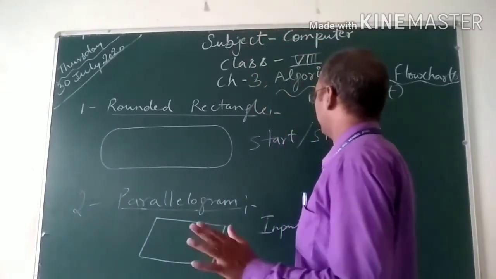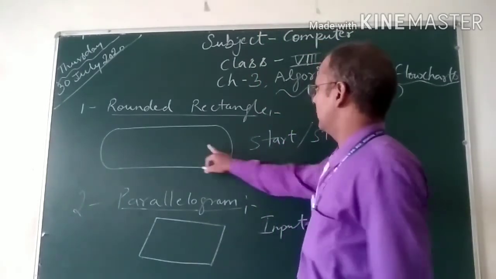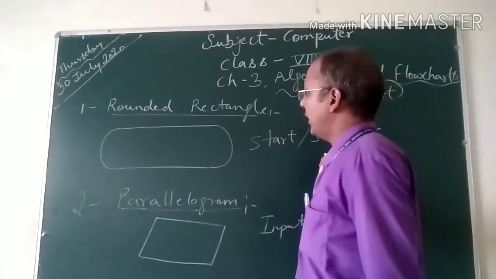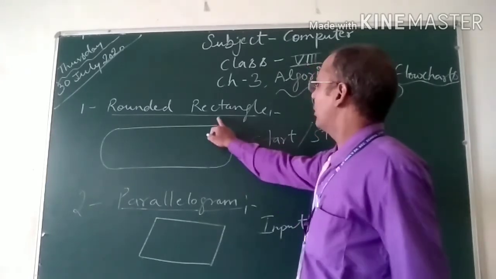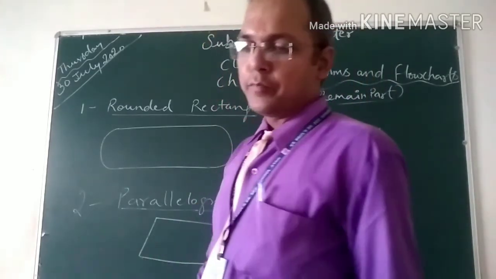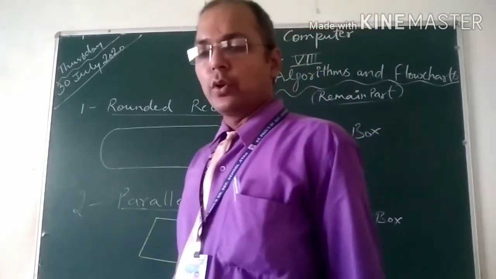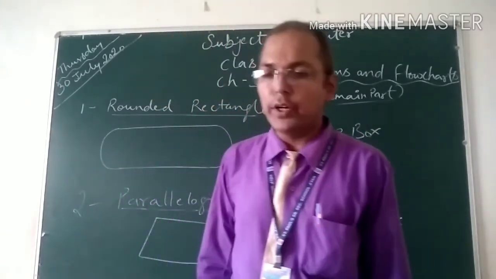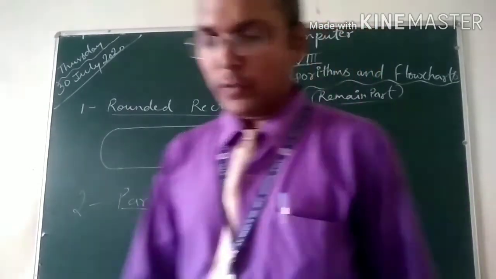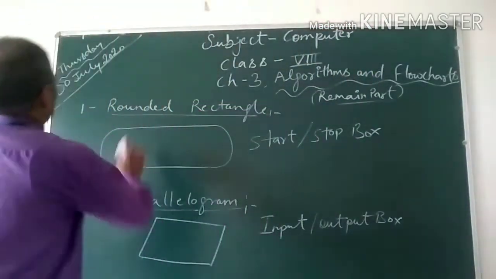If you start a flow chart, start with this rounded rectangle. And the second, the parallelogram, is used to read and print the data.